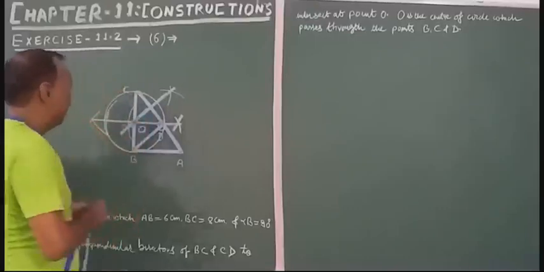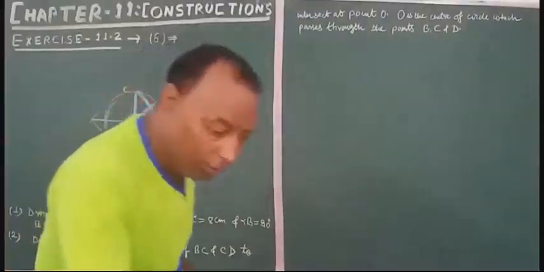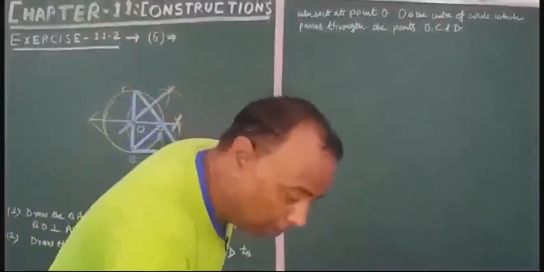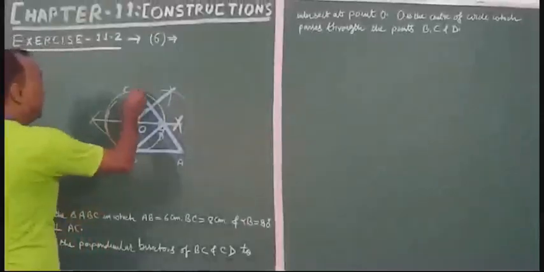So now we can draw a circle through points B, C and D.